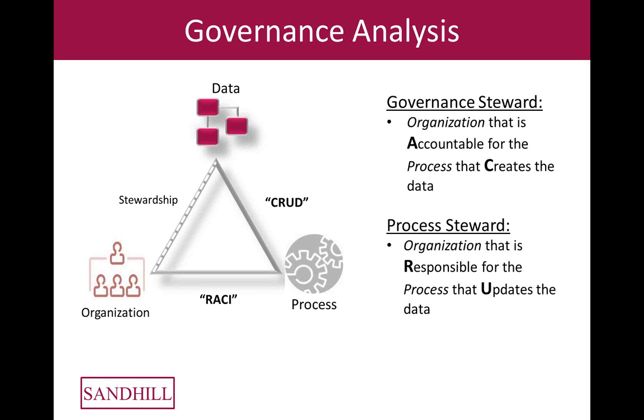If I then wanted to look at process stewardship, I could derive those by looking at, once again, the organization. And I look now for the responsible folks for a process that either creates or possibly updates or deletes the data. So by doing that, for the stewardship for process, I can see the relationship of the organization to the data that I can derive from a RACI chart and a CRUD matrix.